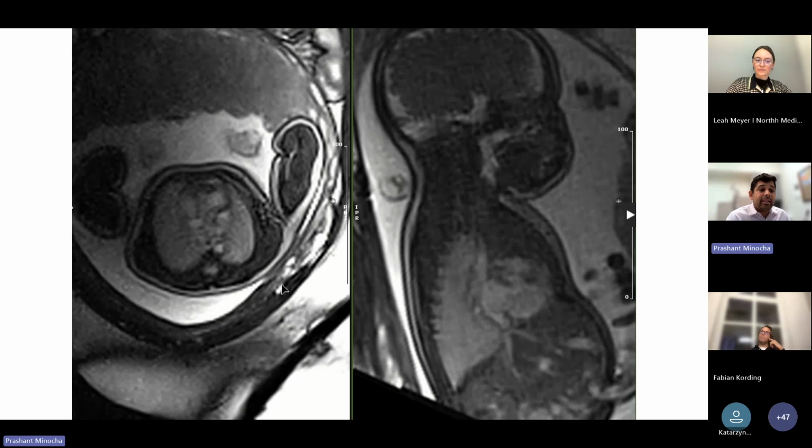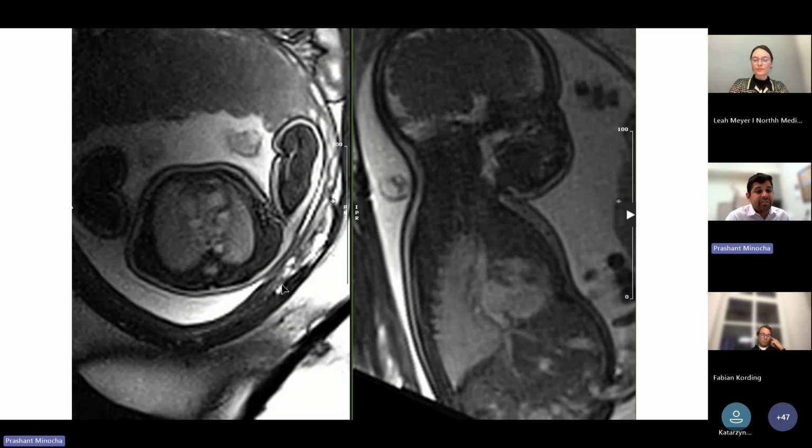And the images obtained by fetal MRI made me very suspicious for TAPVR with a very dilated vertical vein coming across. So on the report, based on these images, we highlighted and flagged the case as suspected supracardiac TAPVR.